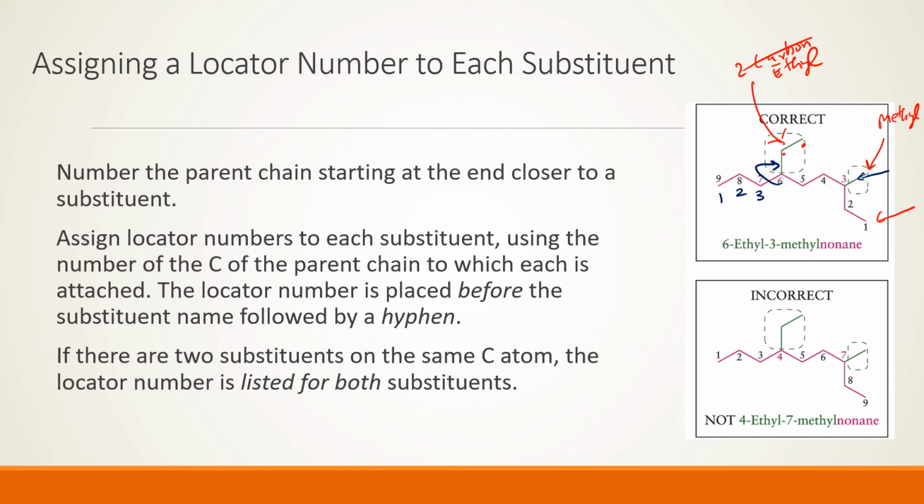So let's erase the right hand side numbers. Now we know the numbers at which the substituents are located. The methyl substituent is located at number 3 and the ethyl substituent is located at number 6.